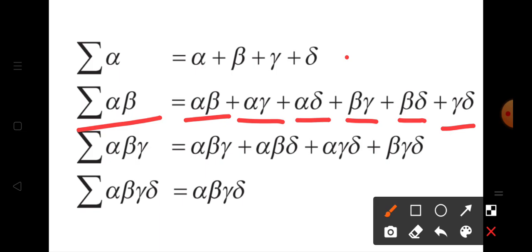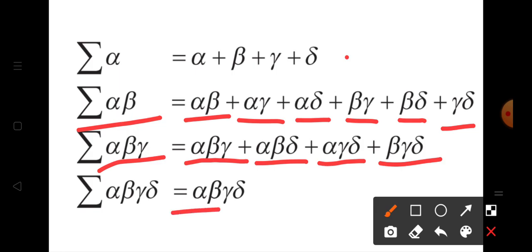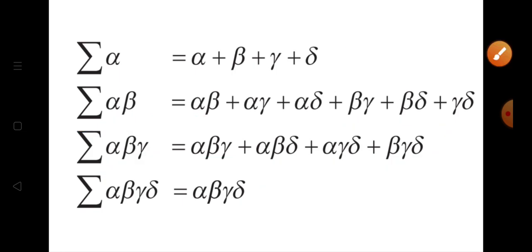Sigma alpha beta gamma is equal to alpha beta gamma plus alpha beta delta plus alpha gamma delta plus beta gamma delta. Sigma alpha beta gamma delta is equal to alpha beta gamma delta. First one is sum of the roots, second one is sum of the product of two roots, this is sum of the product of three roots, and this is the product of the four roots. Okay, do you understand? Okay, thank you.